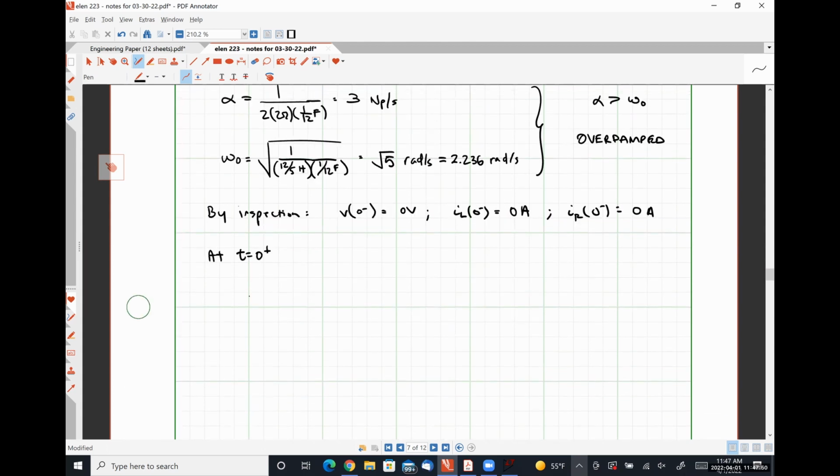So at t is equal to 0 plus, we have our 8-volt source. Our switch is a short circuit, but our inductor is an open circuit.